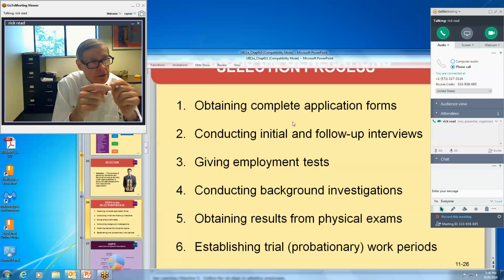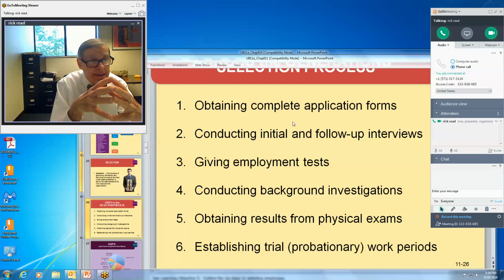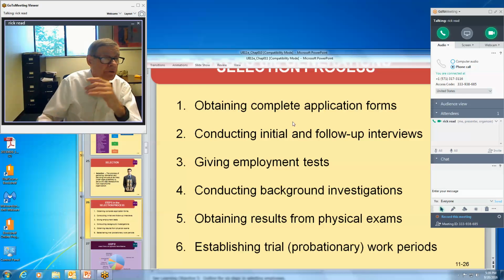I would tell you that there are problems with that. Stay away from that if at all possible, because you have to be very accurate in what you're doing. Now, there are some, especially union, that do have those trial periods, and they have to be there. But if not necessary, stay away from it because it can cause problems.